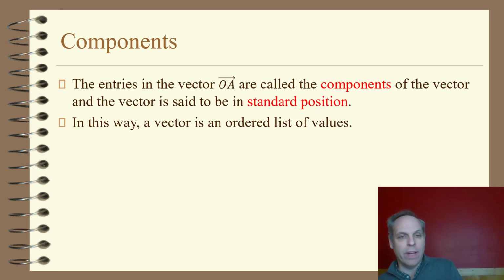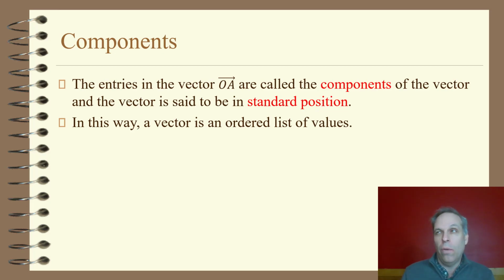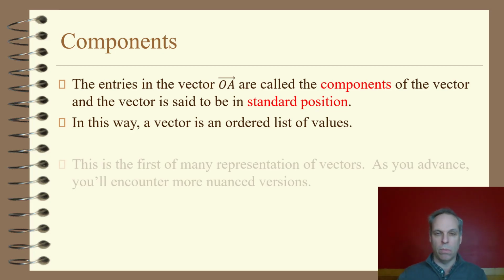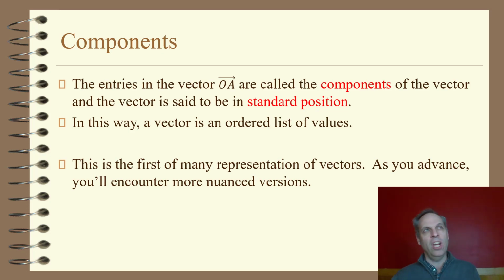The entries of the vector OA are called the components of the vector, and we often call them first component, second component, and so on. The vector, if it starts at the origin, is said to be in standard position. In this way, all a vector is, is an ordered list of values. But this is going to be the first of many representations of vectors.